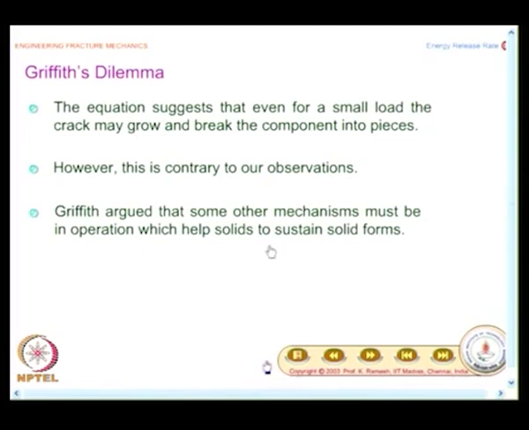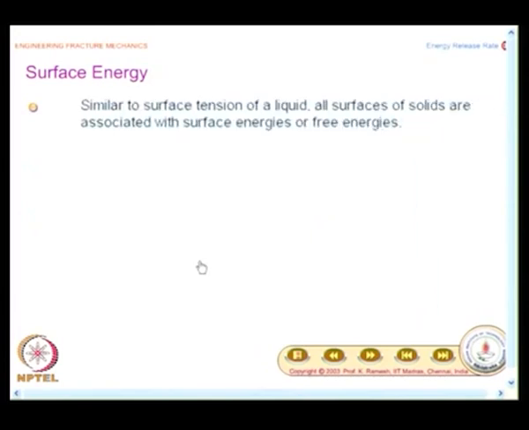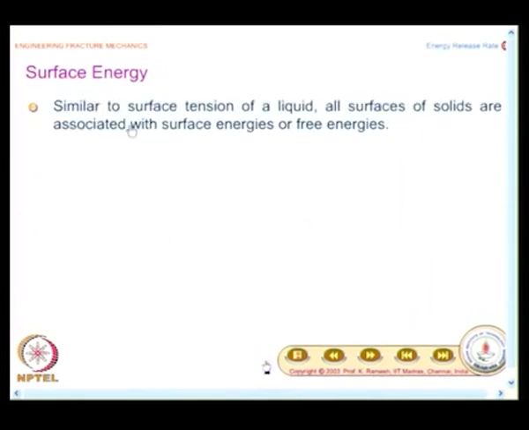This is key to Griffith's analysis. Similar to surface tension of a liquid, all surfaces of solids are associated with surface energies or free energies. See, this is a very important step.